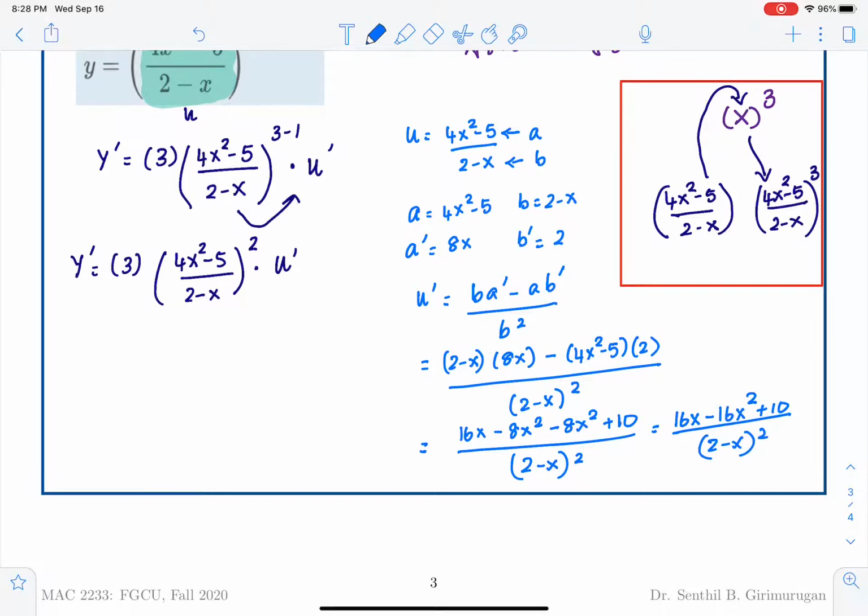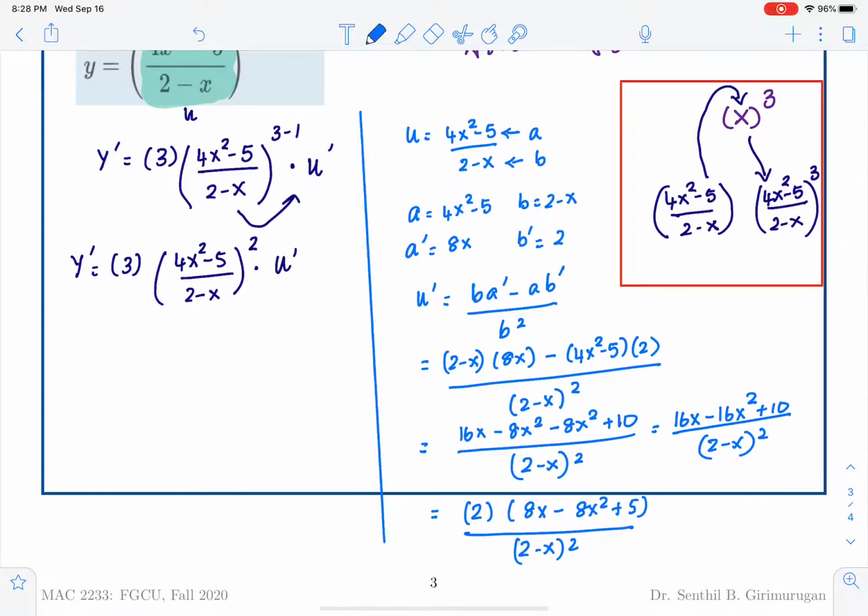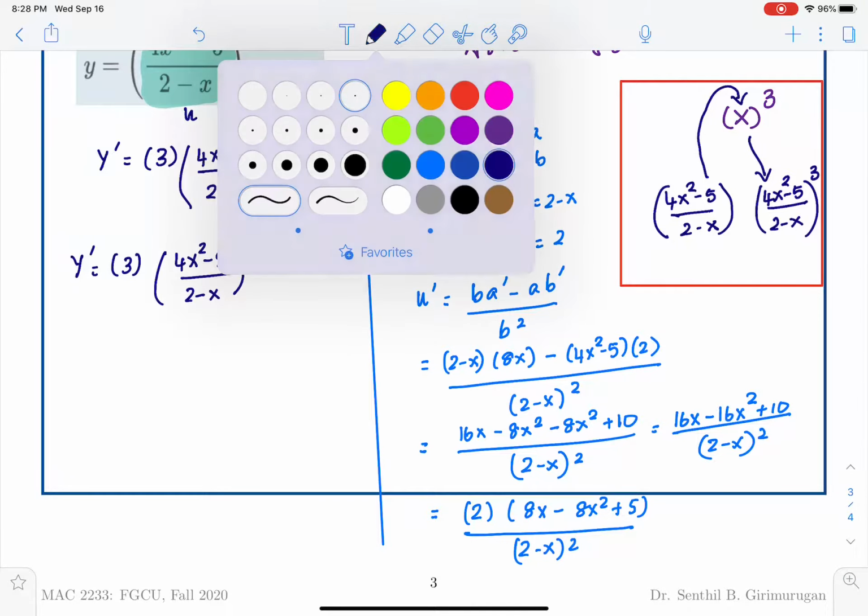We have a common factor of 2, so if we pull that out, we have 2 times 8x minus 8x squared plus 5 divided by 2 minus x squared. So now that we have found u prime, we can take that and plug it in here.